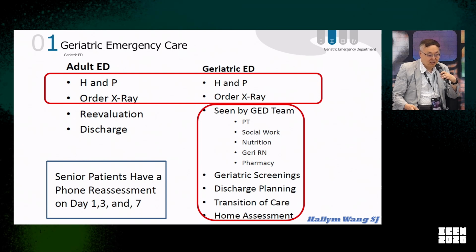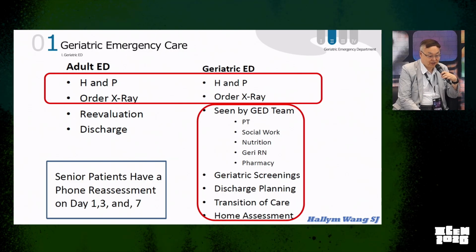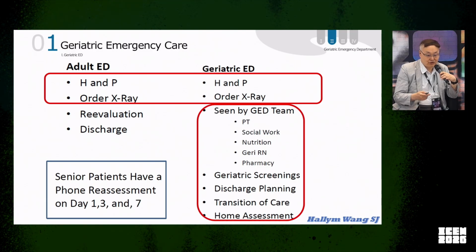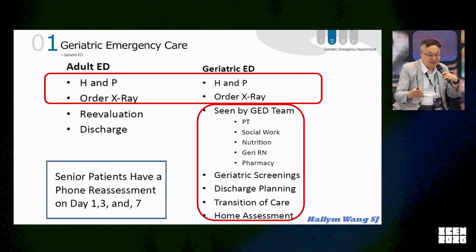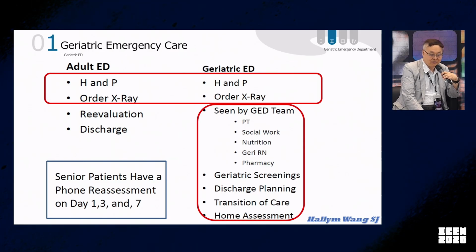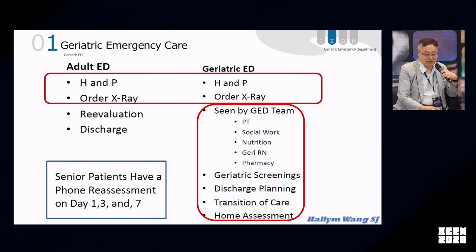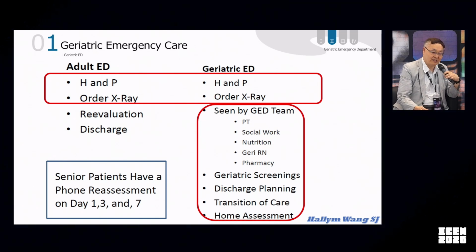If a patient comes, there is triage, history, physical exam, lab and X-ray, but in the geriatric emergency department, the right side subjects will be added. For example, being seen by the JED team: physiotherapy, social work, nutrition, nursing, pharmacy, screening procedure, and discharge planning, transition of care, home assessment. It is complex.